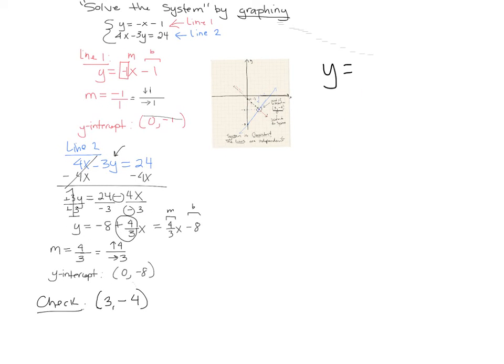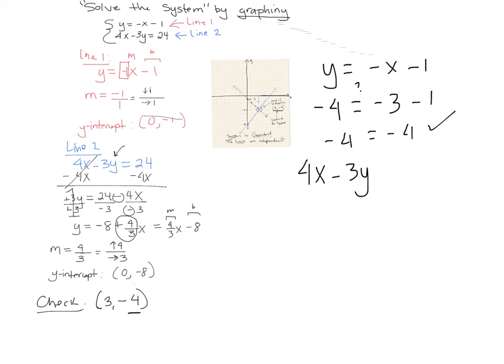So y equals -x minus 1. Well, what's our y? Our y is -4, equals, okay, and x is 3. Well, are these equal? Yes, they are. And similarly, 4x minus 3y equals 24.